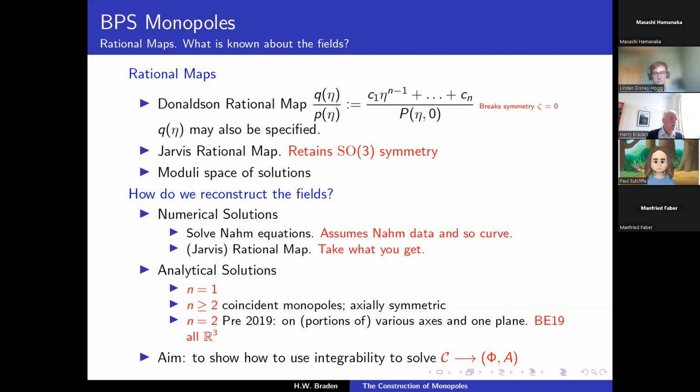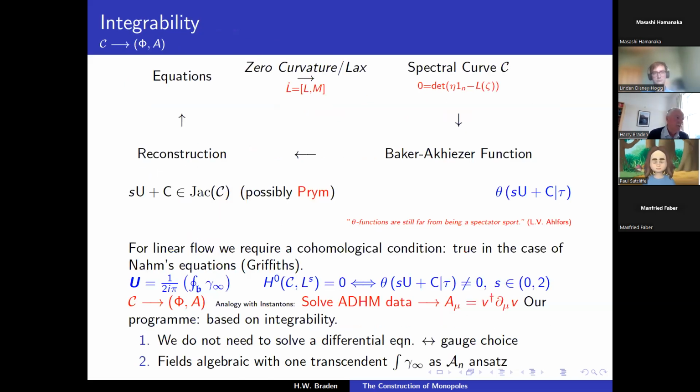For n equals 2, even before 2019, only parts of the space could be treated analytically. And what I'm going to show you is the way that you can do all of R3. That was work I did with Victor Enolski. So my aim is to show you how to use integrability to solve for the fields.